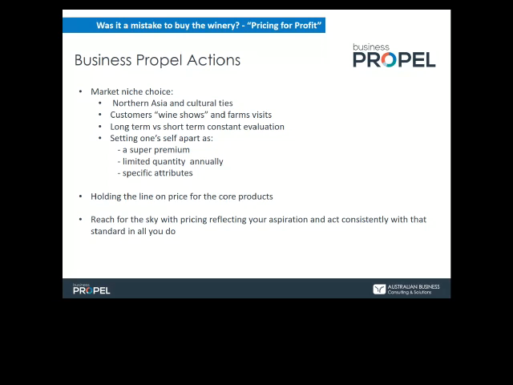Mm-hmm. But underneath all of this, what's happening in each of the areas of strategy and sales and marketing, we're actually able to use the action plans within the Business Propel scenario to create viable 90-day action plans. And we're running at around about 45% success in implementing things in a timely manner. Mm-hmm. And one of the things we're trying to do is make sure we're choosing less and acting more.